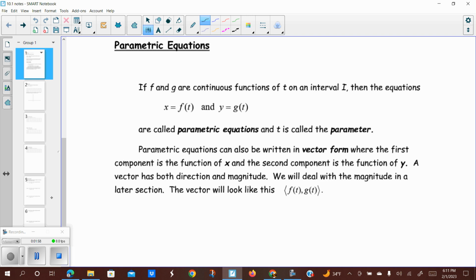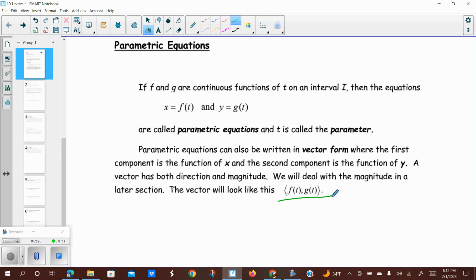The notation for that looks like this, or at least the notation that we're going to use. There are several notations, but that is the most common one that we're going to use here. Basically, it looks kind of like an ordered pair, except instead of parentheses, it is those angled brackets, and that indicates that you have a vector, and then the x component is f of t, the y component is g of t. Hopefully that makes sense just by looking at it.